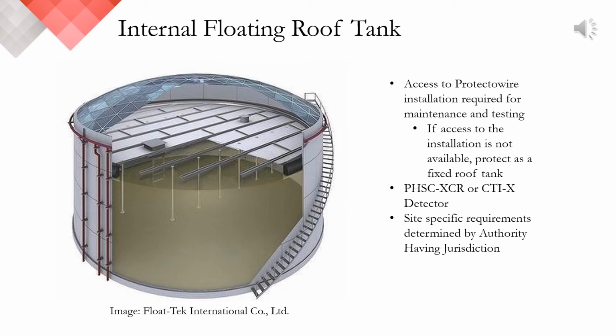If accessibility isn't available, then the manufacturer's recommendation is to treat it as a fixed roof tank. Very simple. Again, the detector that you would use is the PHSC XCR, or for the CTI series, you would be using the CTI-X. And remember, all site-specific inquiries should be addressed to the authority having jurisdiction.